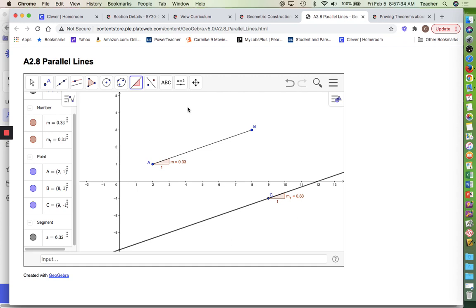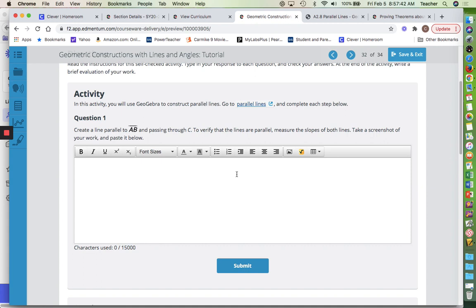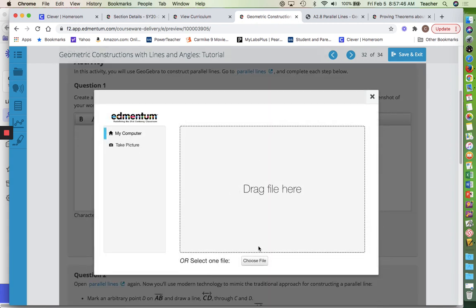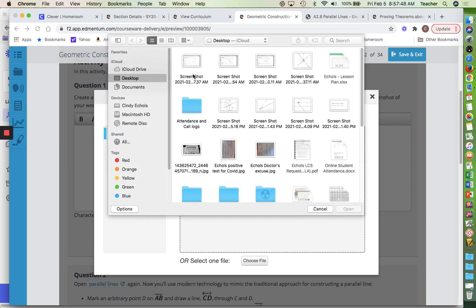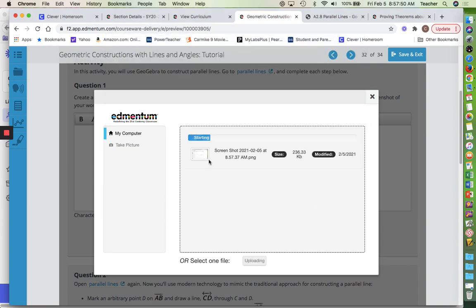So I'm going to take a screenshot if it'll let me. Last video, for some reason, it wouldn't let me take a screenshot and put it in. And since I'm doing the exact same thing at Ripley High School, it may not let me this time, but I'm certainly going to try. Yeah, it's still not letting me.